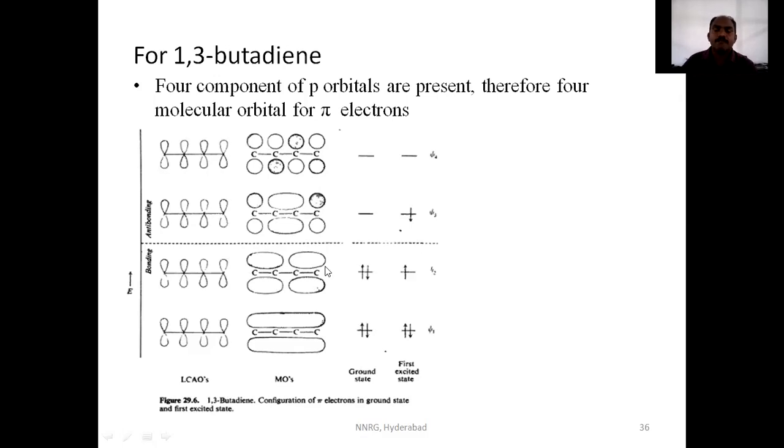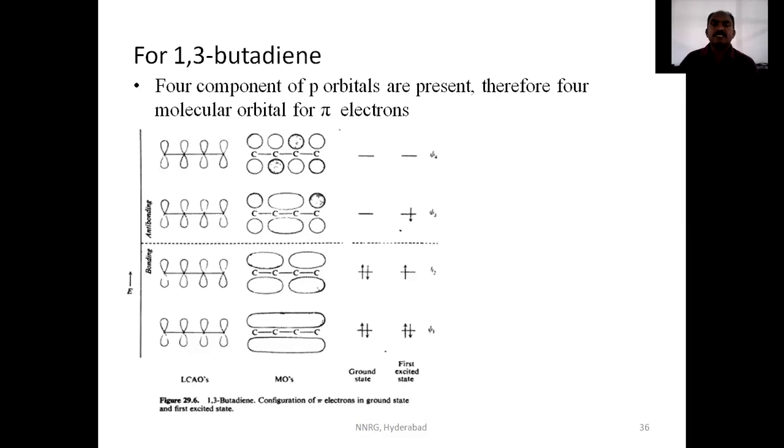That depends on the number of nodes formed. In this structure, there is no node, but in this structure there is one node, where orbitals repel each other. In the anti-bonding molecular orbital, there are two nodes, and in this fourth structure, there are three nodes. As the number of nodes increases, the potential energy increases.